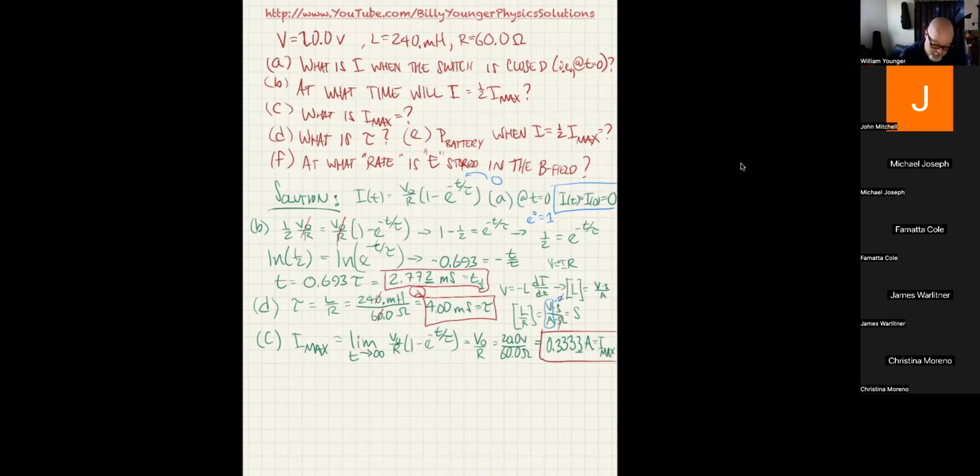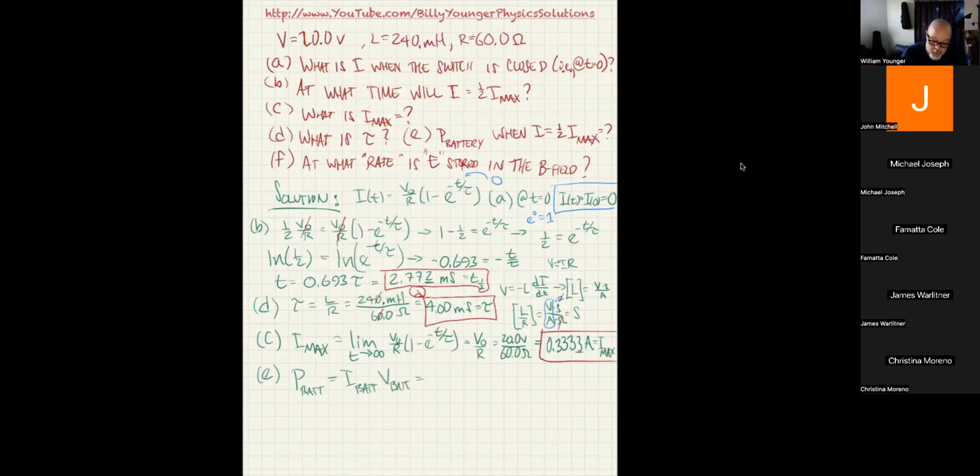So now I'm going to calculate what is the actual power from the battery. Well, the power from the battery is going to be equal to I that the battery is supplying times V that the battery is supplying. Okay.